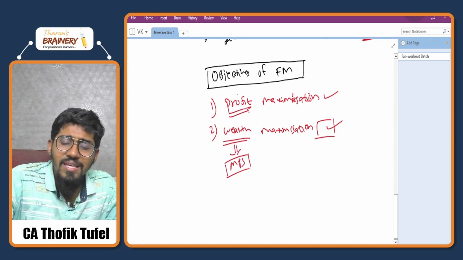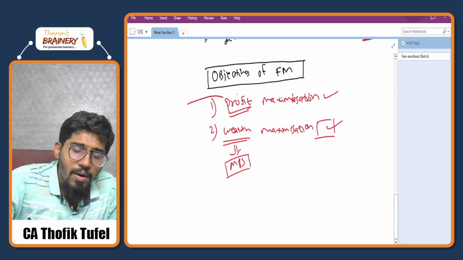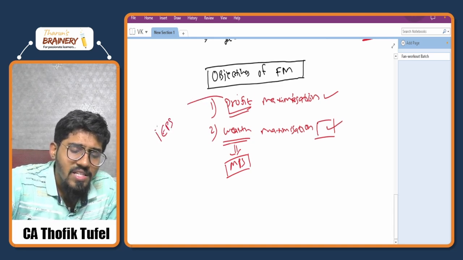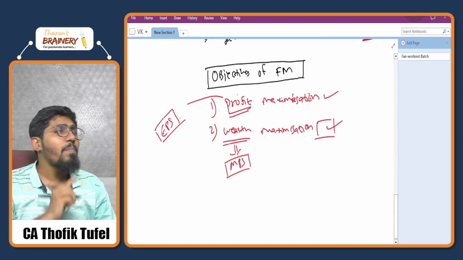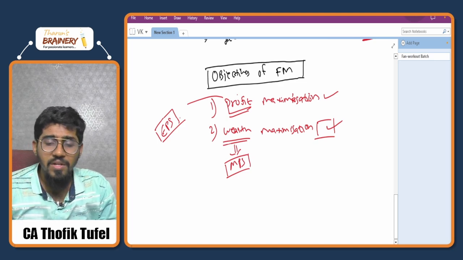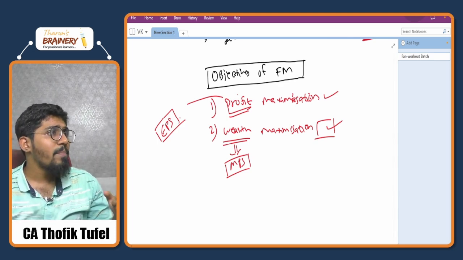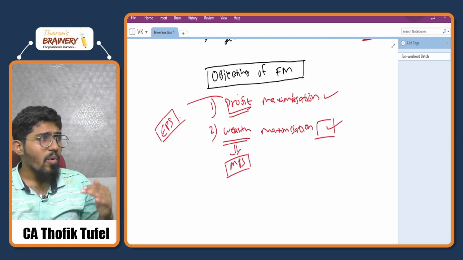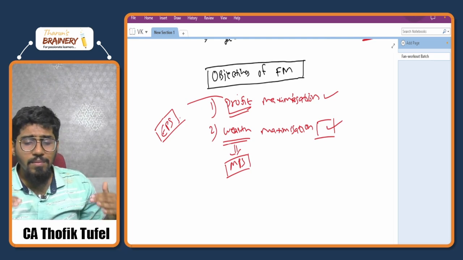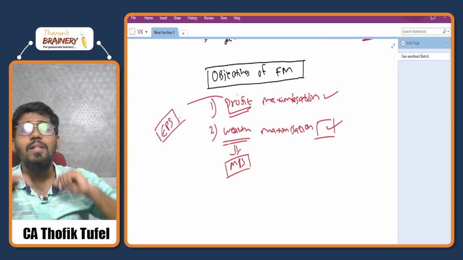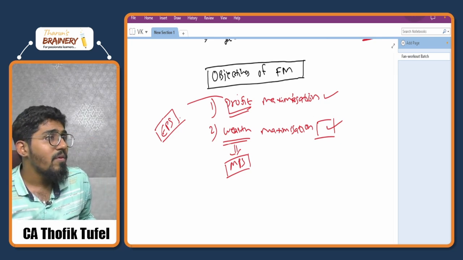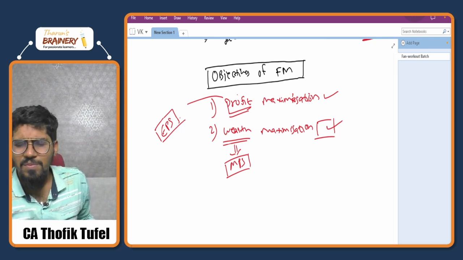And profit means the equity shareholders are more concerned about earnings per share. Earnings means profit. So what is earnings per share and what is market price per share? To maximize the EPS, the objective is profit maximization. Then my objective is to maximize the wealth. The objective is achieved by wealth maximization, that is, market price per share.